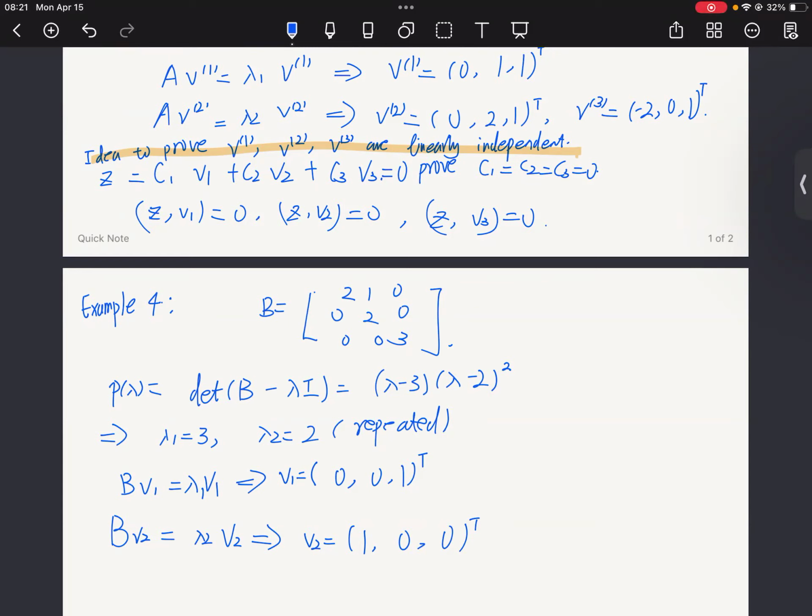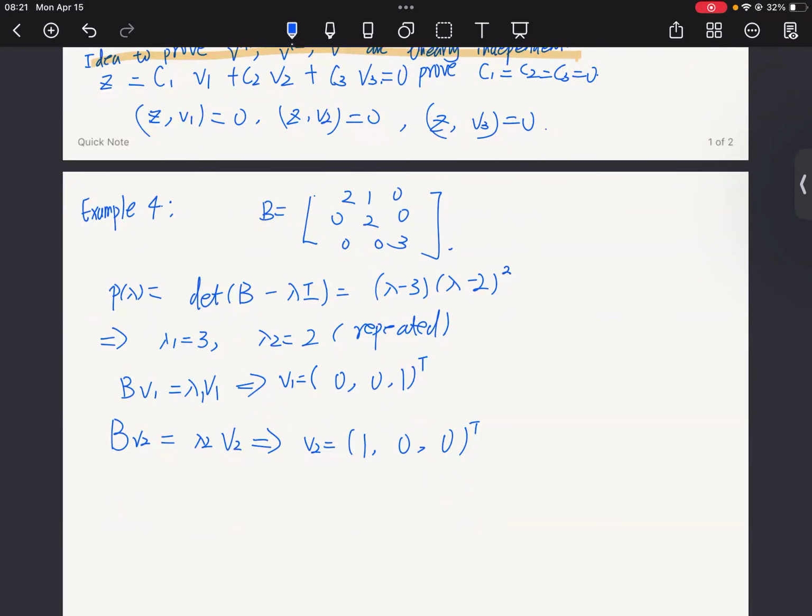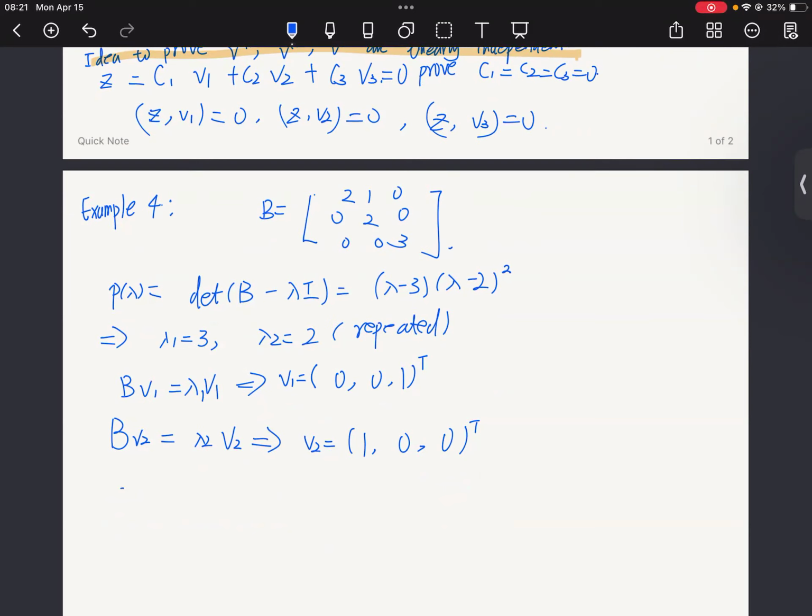If we collect all the eigenvectors, they are just v1 and v2, and yes, they are linearly independent.